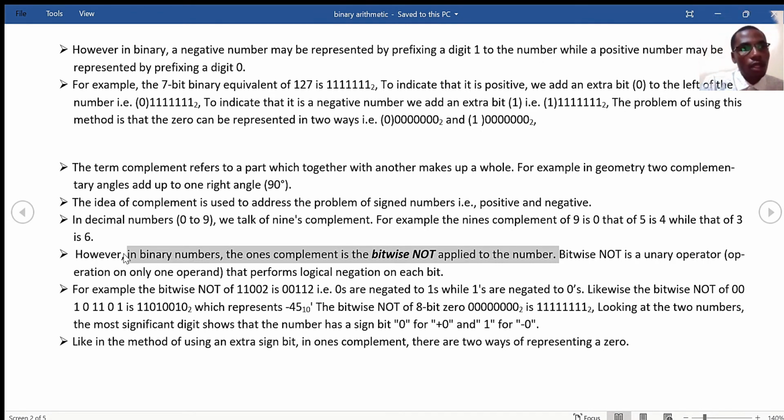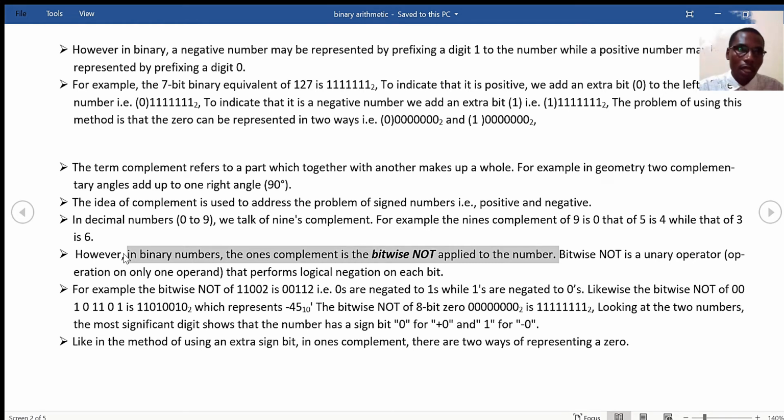It will not be the same complement we have seen in the above example, or for the 9's complement where we have 5 and 4, or 3 and 6. It will not be the same. We will do something we call, it is a complement, but in binary numbers it is called the bitwise not complement.